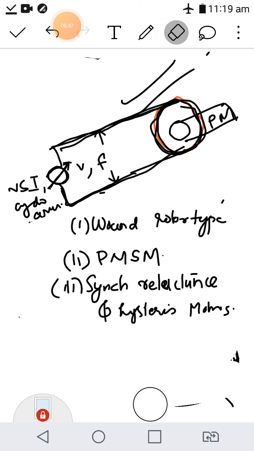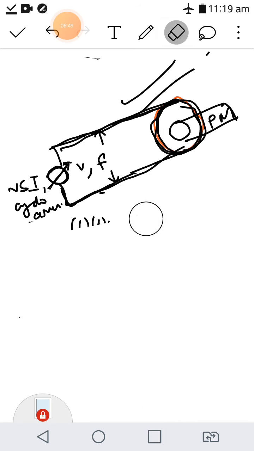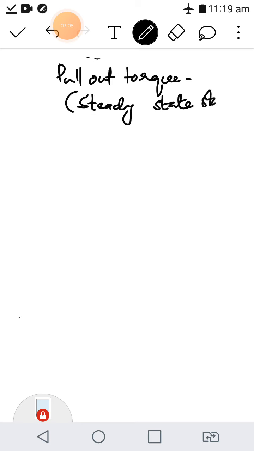So I am just explaining the basics about the synchronous machine. Another fundamental thing that is happening in a synchronous machine is that you must learn the meaning of pull out torque, or sometimes it is called the steady state stability limit.